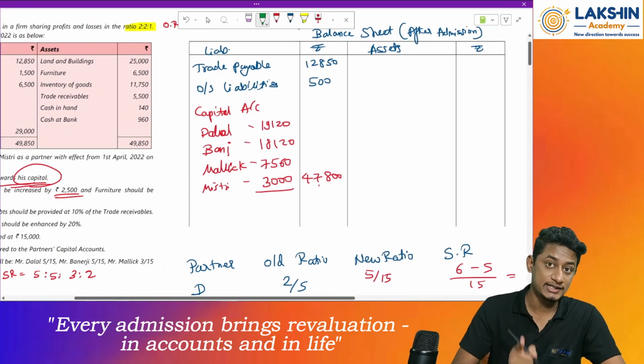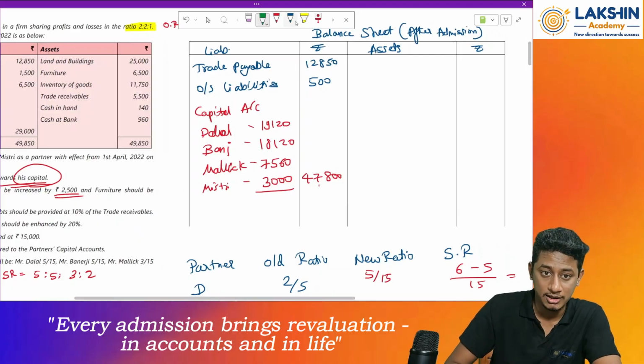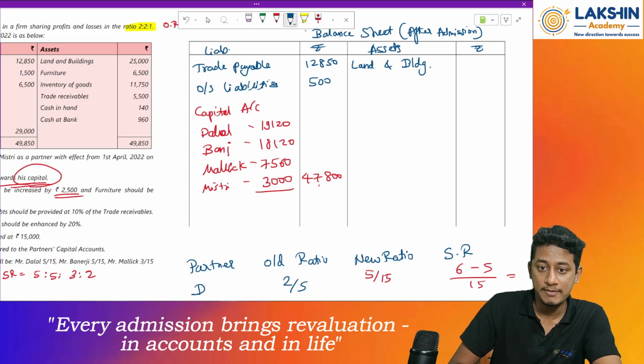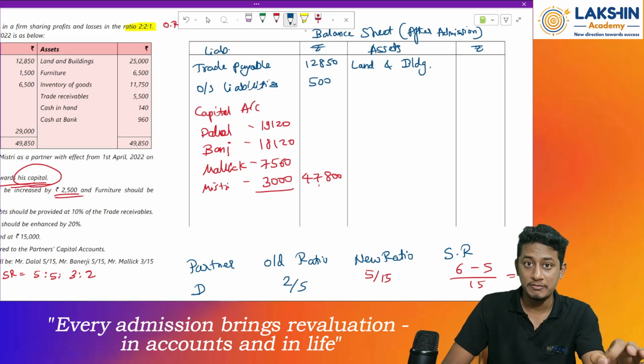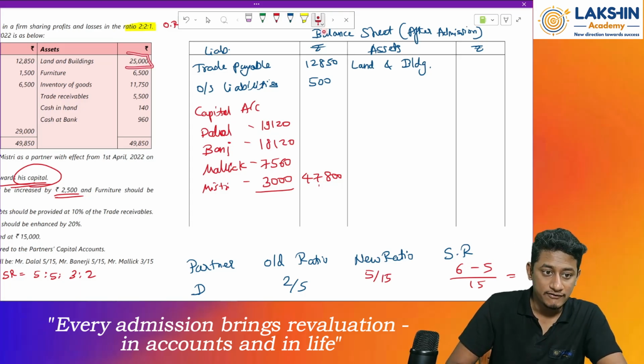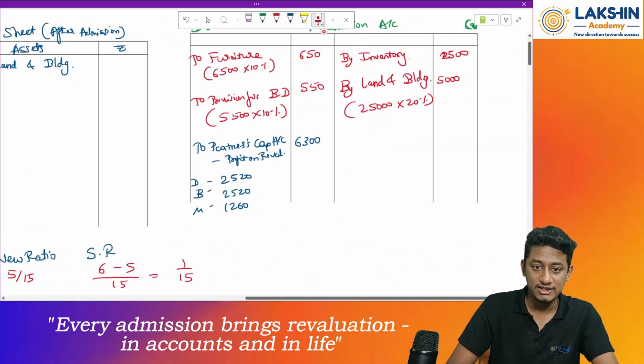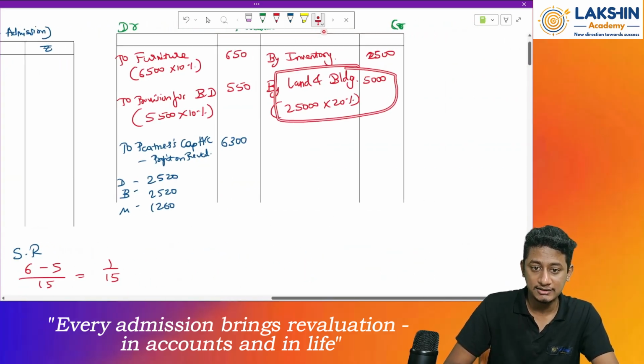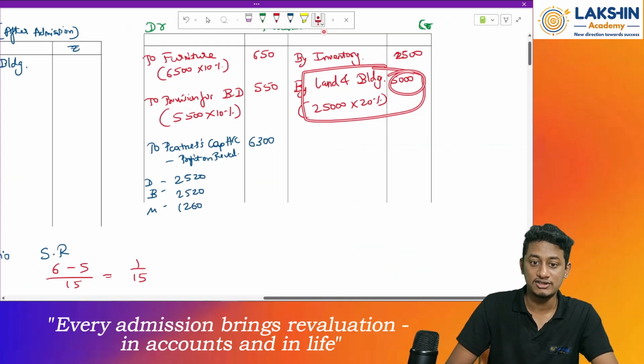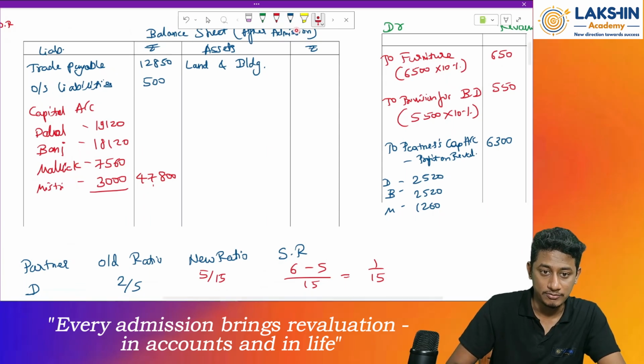Remember, in the assets there are some revaluations done. First of all, we have land and building. Is there any revaluation in the land and building? Yes, sir. The value was increased, 25,000 plus an increase of rupees 5,000, so 30,000 rupees.